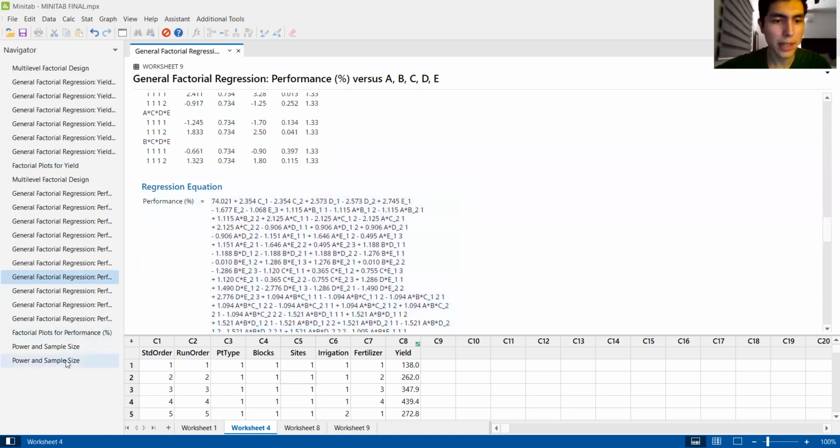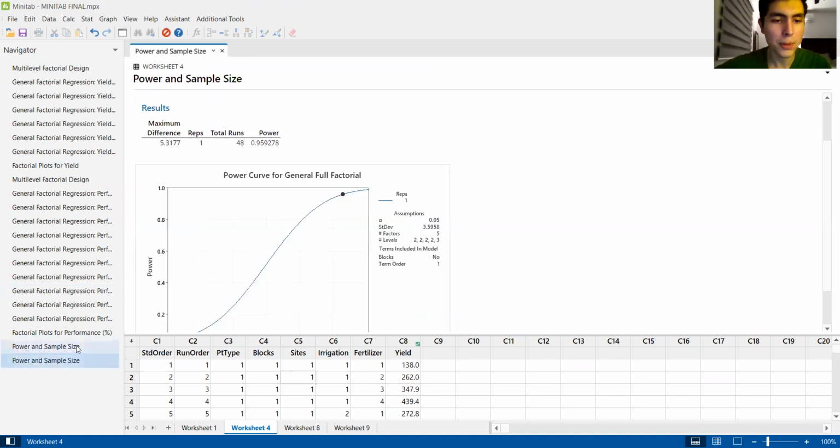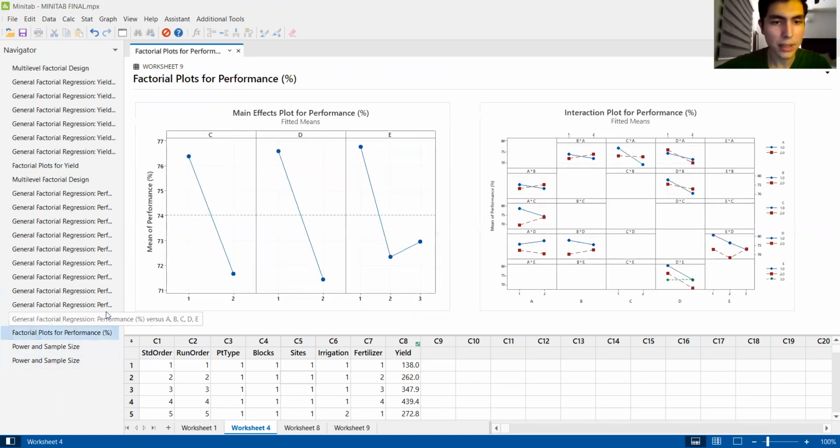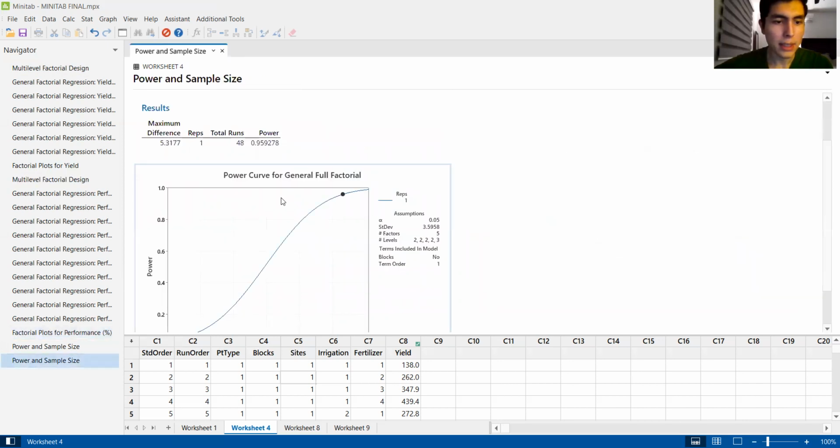So finally, I did the power analysis for datasheet number 6. Well, first I did the main effects plot and the interaction plot for performance. And then I did the power analysis for datasheet number 6.